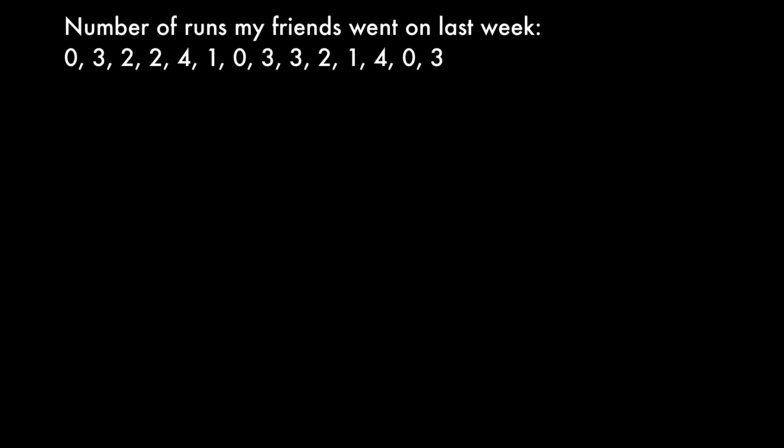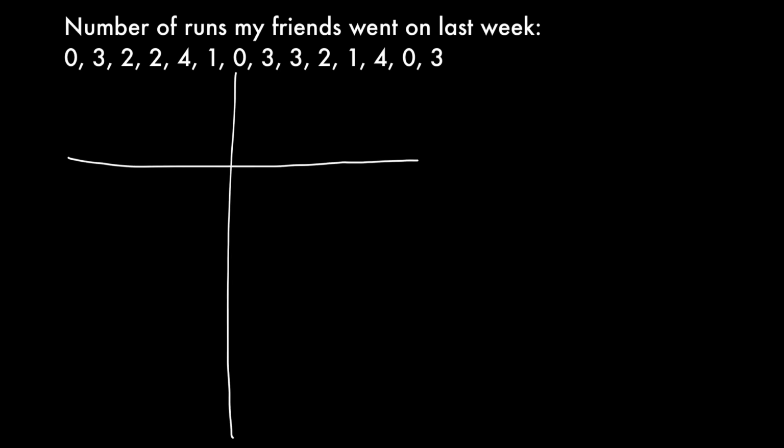So what we can do is make a frequency chart or a frequency table and help summarize it. So it's going to be basically a fancy T-chart. If we look at this, what we're really measuring is how many runs these numbers represent, so we're really trying to summarize the number of runs.